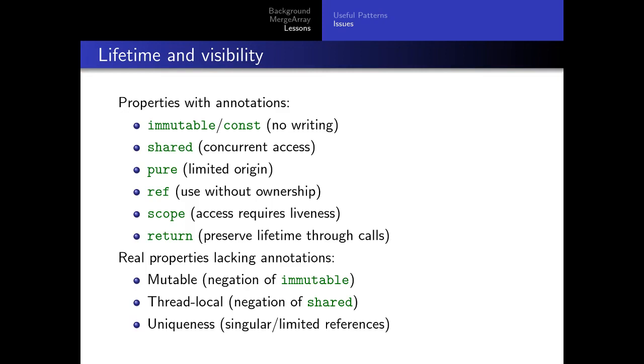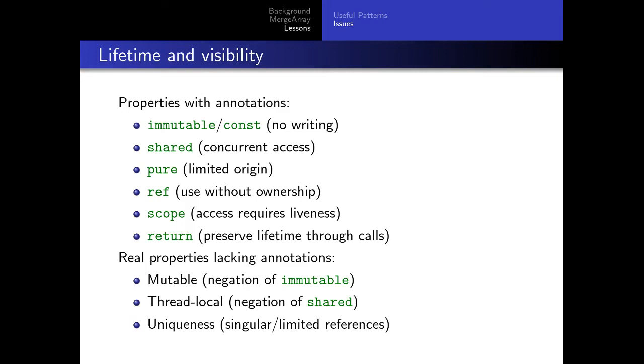I guess I want to end off with talking about the different lifetime and visibility properties in D, of which shared is one. There's immutable and const, which means that you can't write. Shared means that there's concurrent access to the data. Pure for functions means there are limits on the origin of where that data can come from. If you use ref, that allows things to use data without actually owning that data.